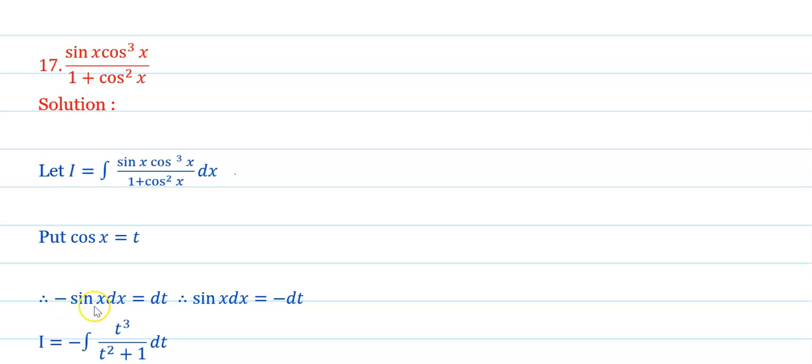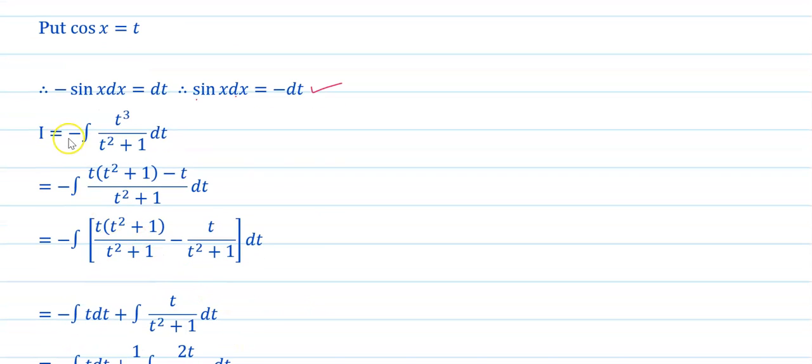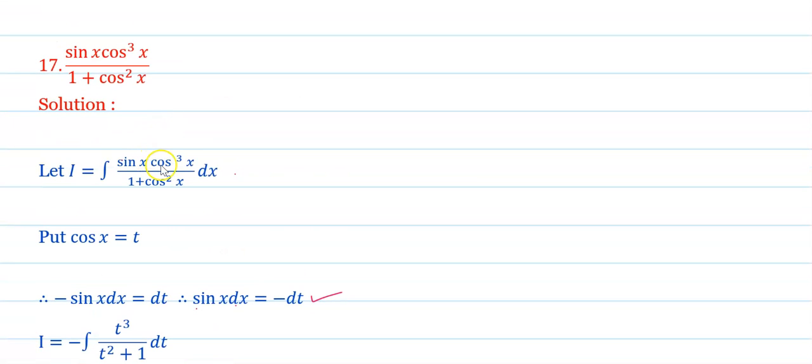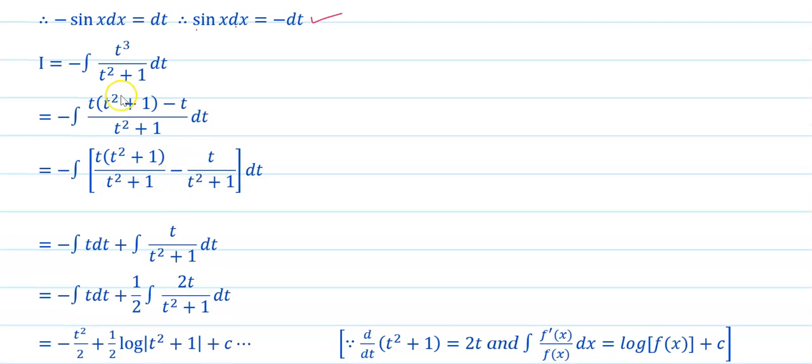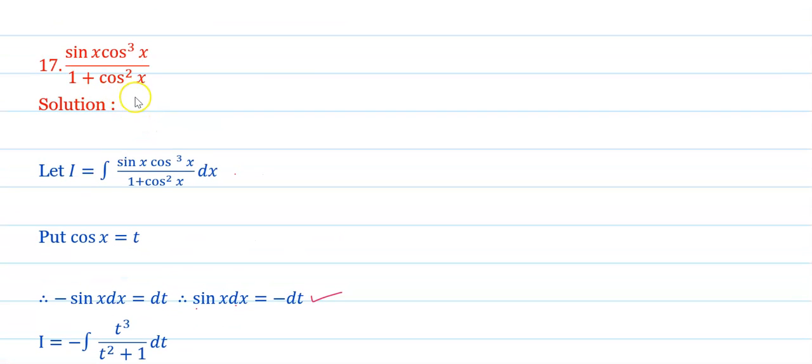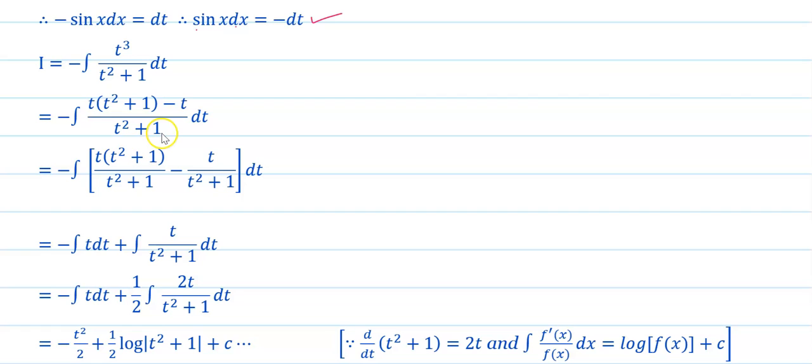It is minus sin x into dx equals dt, and hence sin x into dx equals minus dt. Take the minus sign outside here. Integral of t raised to 3, it means cos cube, upon 1 plus cos square, means what? t square plus 1. That is, I is equal to minus t cube upon t square plus 1 into dt.